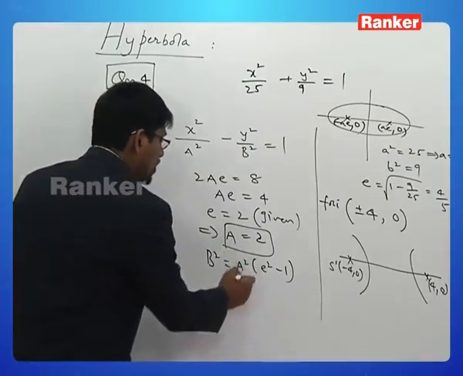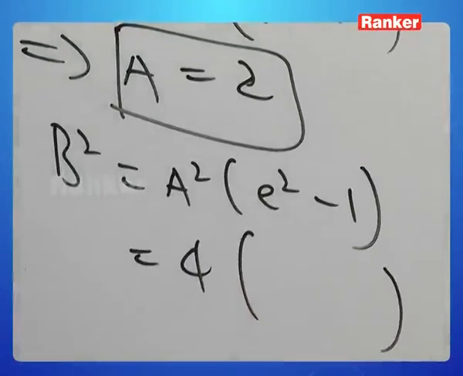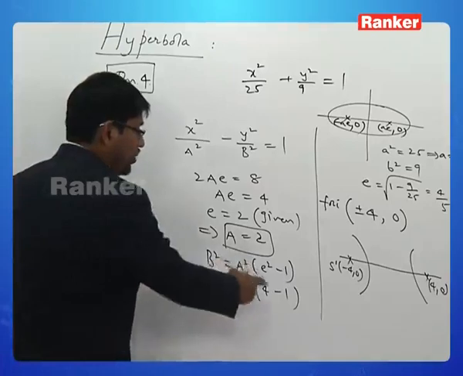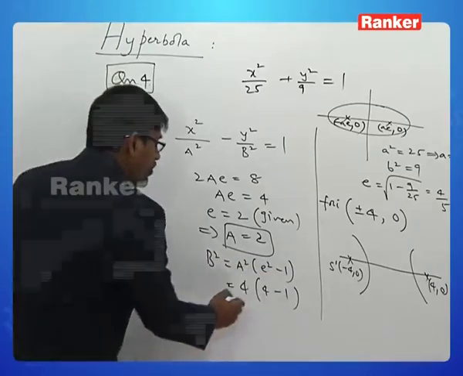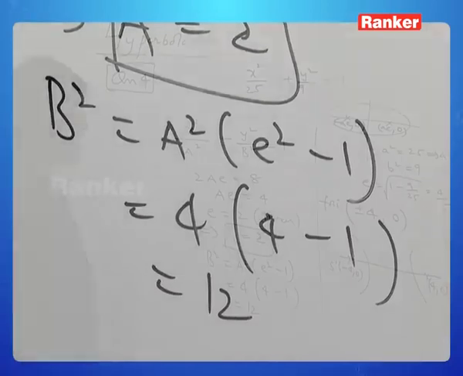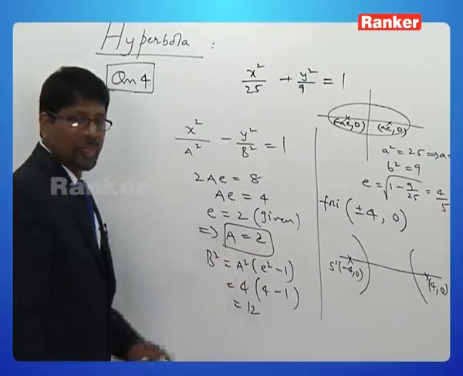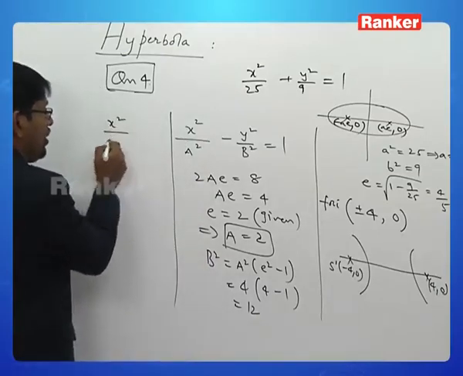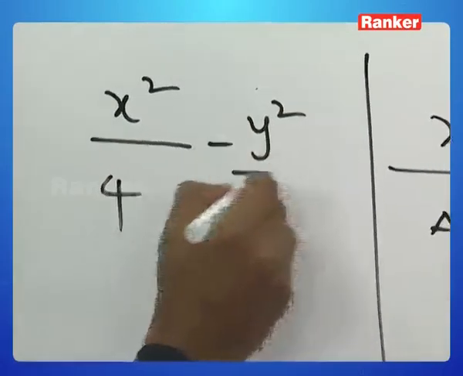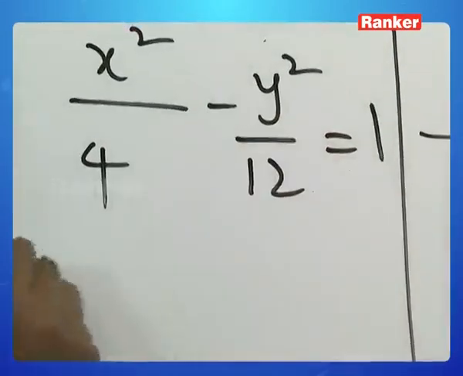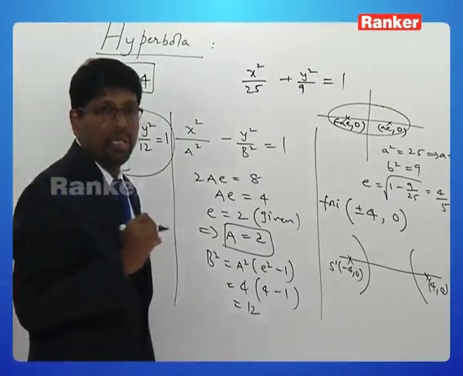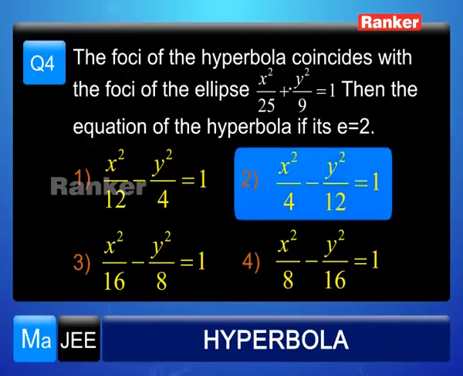So A square is 4, E square is 4, minus 1, so 4 into 3, 12. So B square is 12 and A square is 4 clearly. Therefore the equation of the hyperbola is x square by 4 minus y square by 12 is equal to 1, and clearly that is appearing in option 2. Option 2 is the right answer.